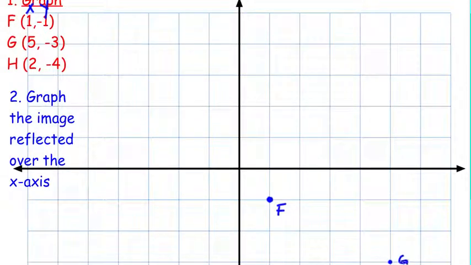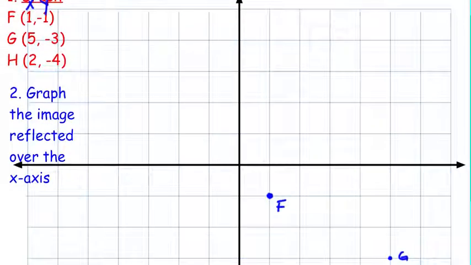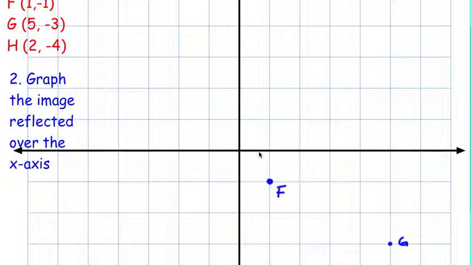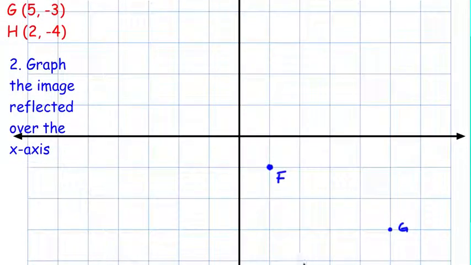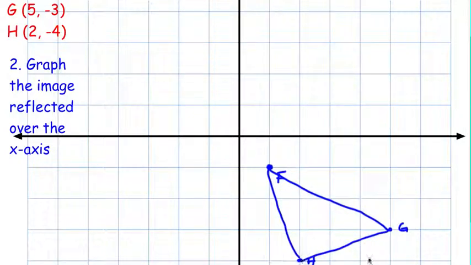There is G. And last but not least, 2, negative 4 would be H. So I go over 2, down 4. 1, 2, 3, 4. Here's H. I'm going to draw my lines connecting my points. And here's my triangle. Now it wants me to reflect it over the x-axis.